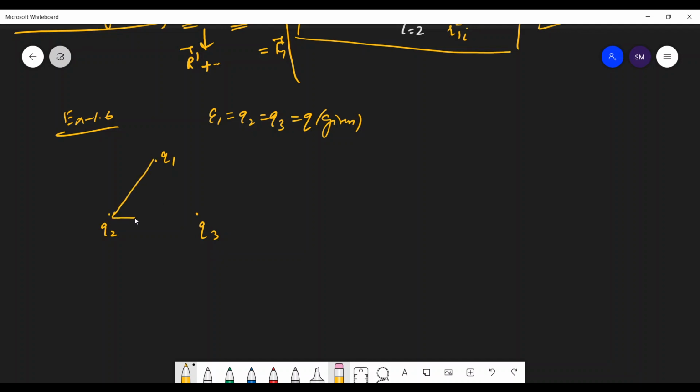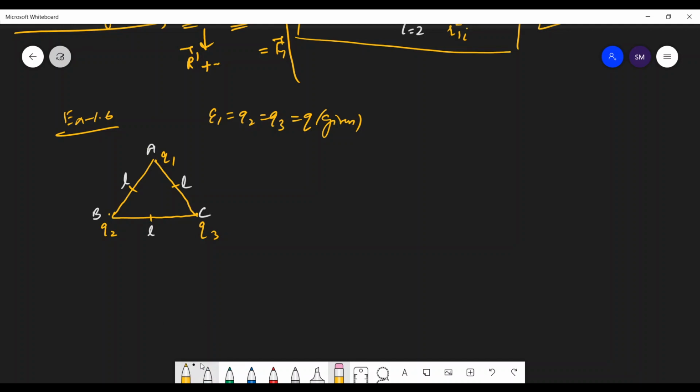So this is an equilateral triangle, so the distance between Q1 and Q2 is equal to the distance between Q2 and Q3 and the distance between Q3 and Q1. Let this triangle be ABC, and let the length of each side of this equilateral triangle be L.